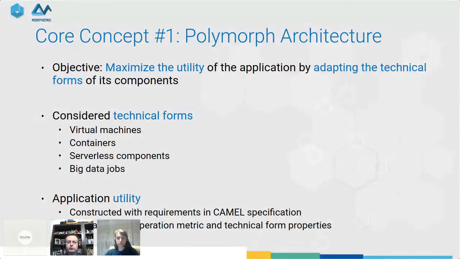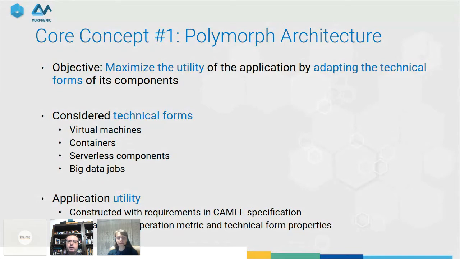We want to be able to choose the physical architecture of the application: whether to deploy a given application to virtual machines, or maybe serverless components, or maybe some hardware accelerated resources, and that will add an additional layer for the optimization.